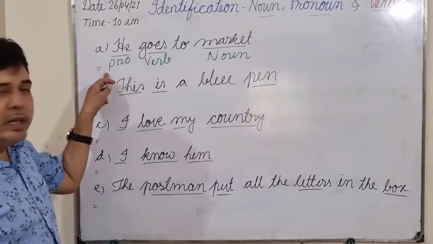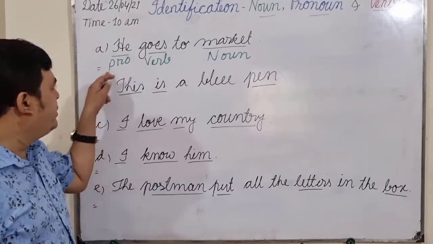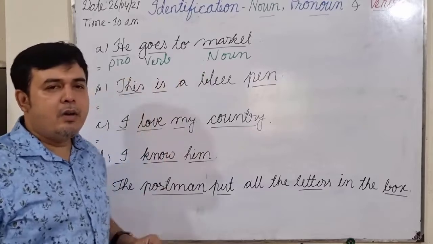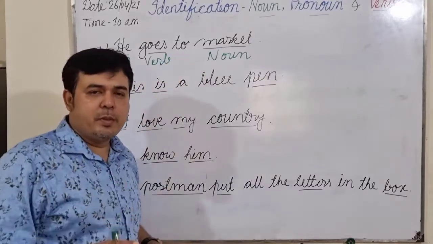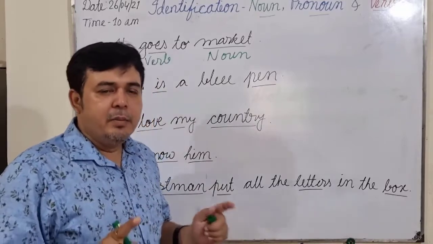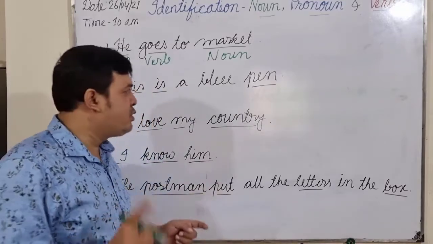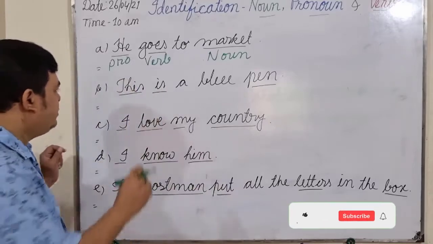So in a sentence, you can easily see that there may be a pronoun, a verb, a noun. There is also another part of speech, but today I am not discussing that because I haven't given any idea about that, so I didn't count it.